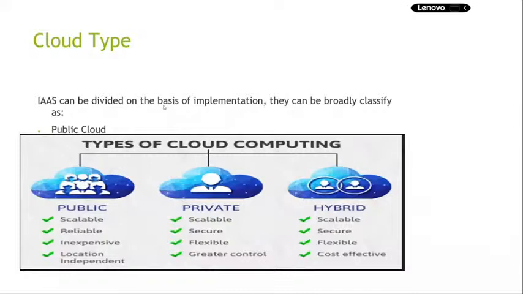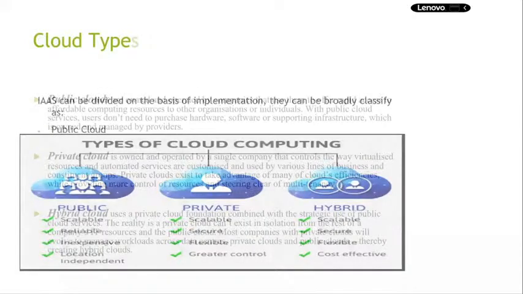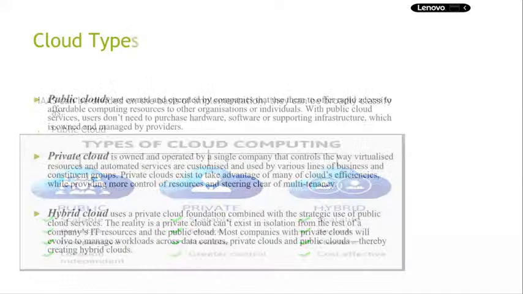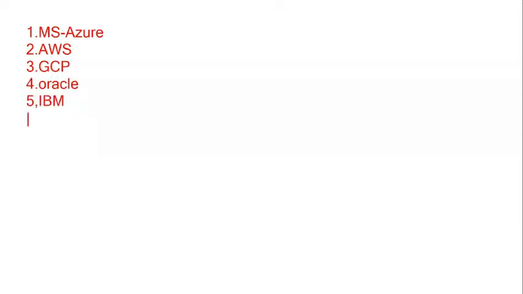Next, to provide cloud computing, there are many vendors. What are they? Any idea? One is Microsoft Azure, second AWS, third GCP, Google Cloud, then Oracle Cloud, fifth IBM Cloud, also called IBM Bluemix, sixth Alibaba, and also OpenStack.